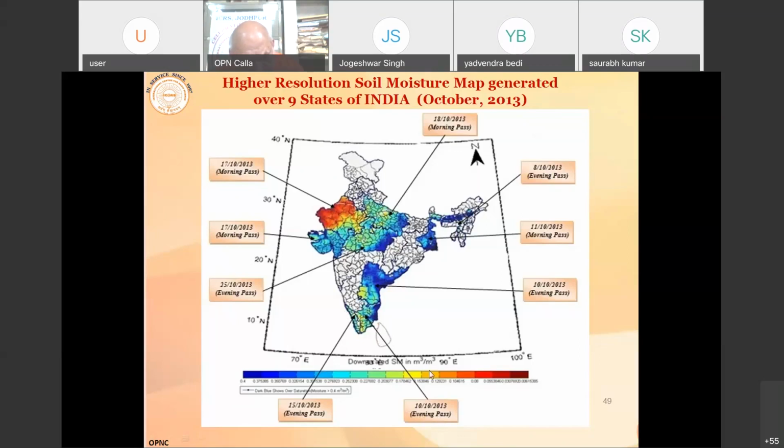But in Tamil Nadu, we get a better scenario. Then the evening pass gives better results than the morning pass. This is West Bengal, where we got so much soil moisture during October. So like this, we get soil moisture maps generated using the data output.